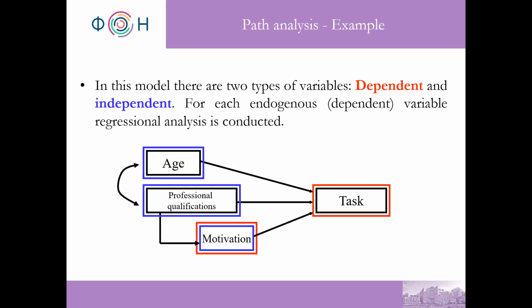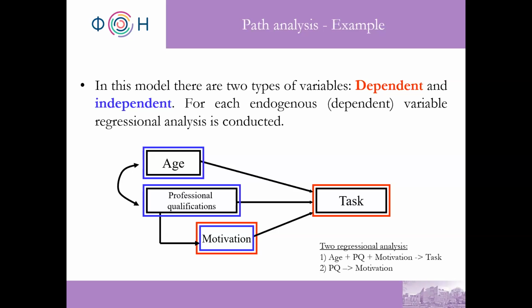But at the same time, we should be aware that our variable motivation is a dependent variable in the model of observing the effect of professional qualifications on motivation. So as we can see, in a particular SEM model, a variable, latent or measured, can be at the same time a dependent variable and an independent variable, depending on the model and the relationship we are observing.